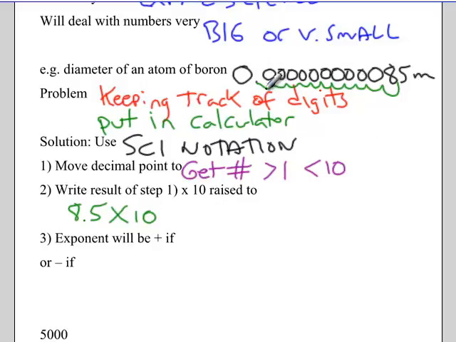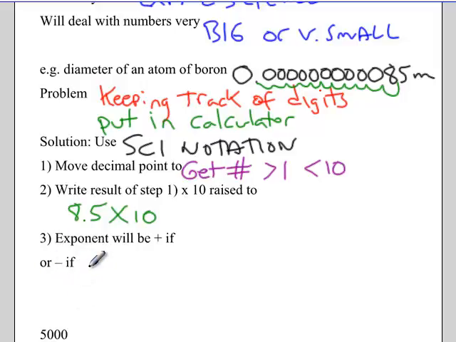And the power is however many places I had to move the decimal point. And that power, that exponent, is either going to be a positive number or a negative number. In this case, we had to move the decimal over to the right, so this is going to be a negative exponent.